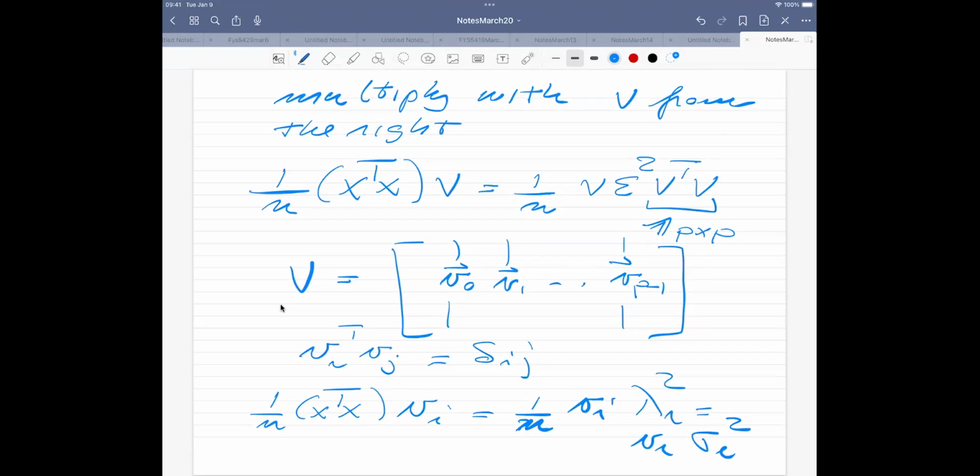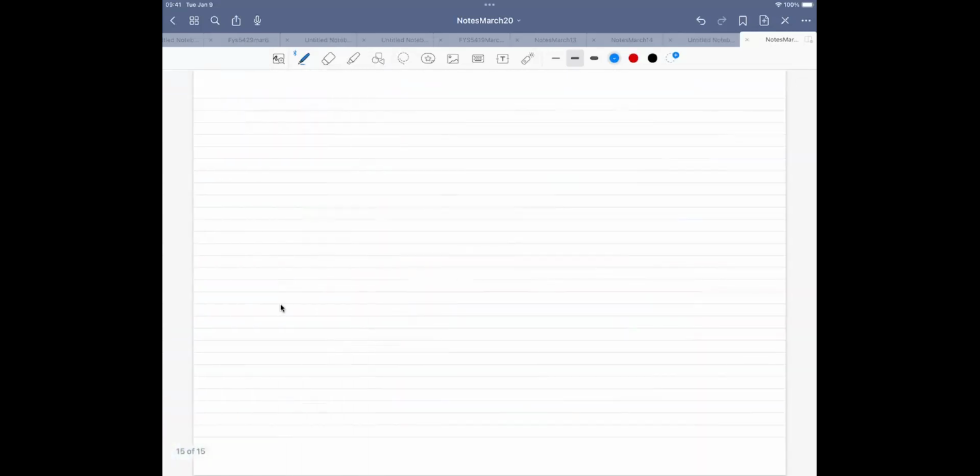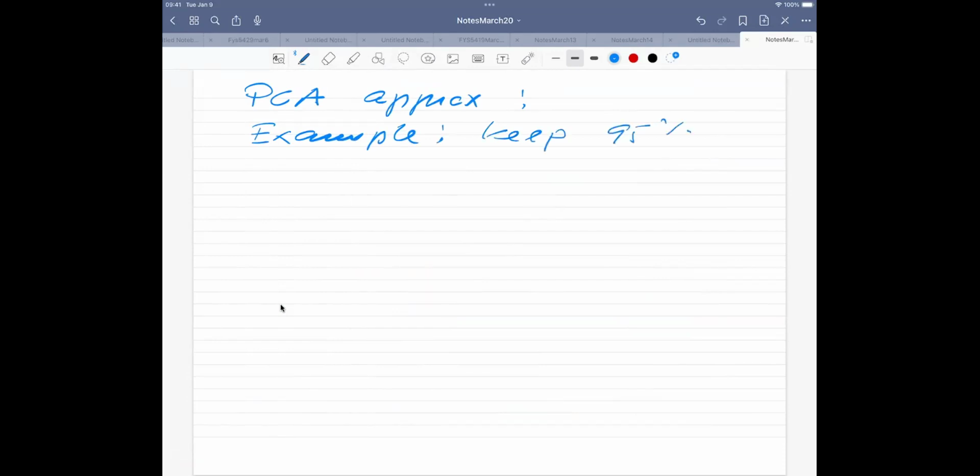And then you would typically say that, okay, let me keep as an approximation those features. So the PCA approximation, the typical one as an example, is to keep 95% of total variance. So that means that we sum up all the variances, sigma i squared, from i equals 0 up to p minus 1, but we make a truncation now.